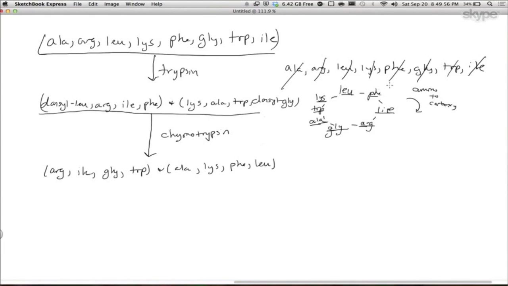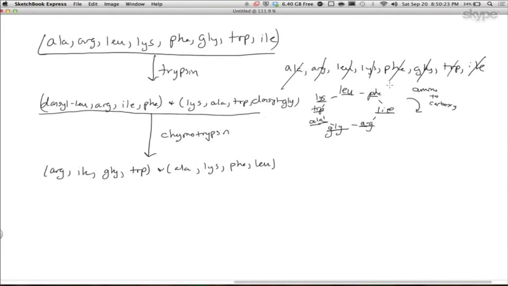Can you repeat that logic again? It cuts in front of tryptophan. Chymotrypsin cuts in front of tryptophan. So does it cut on its amino side or its carboxy side? It's going to cut on the amino side. Okay. Confirm that in your table or in your notes, or in the homework.